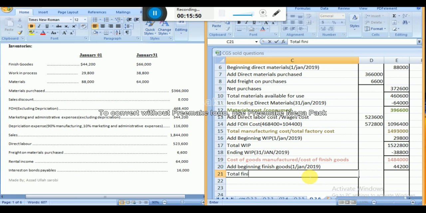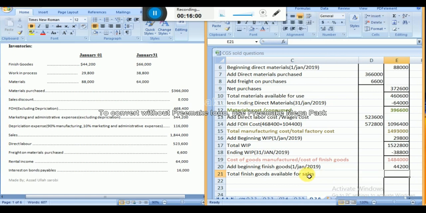Total finished goods available for sales. What will we do with the finished goods? Automatically we will sell them. So we add both. Now in the month of January we have 15,28,200 finished goods, which is ready for sales.